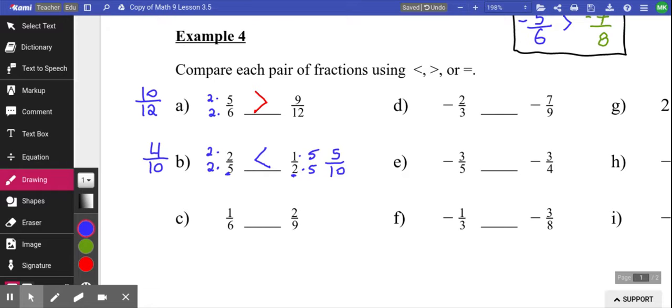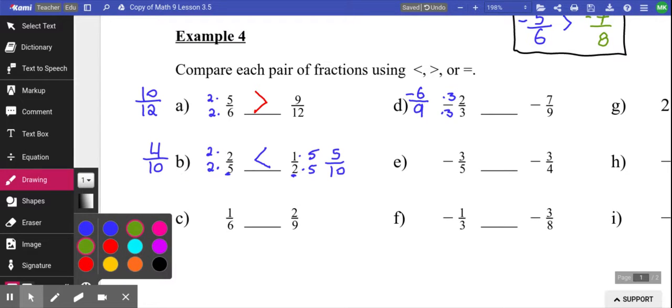If we look at D, so I'm going to skip over to the negative column there. I have negative 2 over 3 and negative 7 over 9. I can get a common denominator of 9. If I multiply the one on the left by 3, and I do it to the top and the bottom, this gives me a new answer of negative 6 over 9.